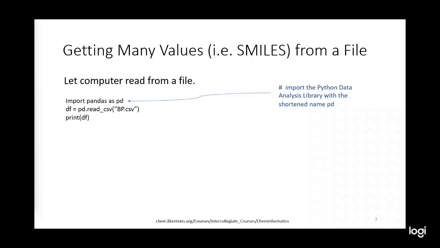It offers powerful tools for working with arrays and performing numerical computations. One of its functions, read_csv, is used to read input data from a CSV, comma-separated value, file. So the second line reads the file bp.csv and loads this data into a data frame named df.